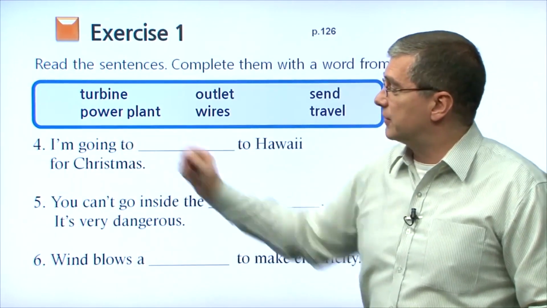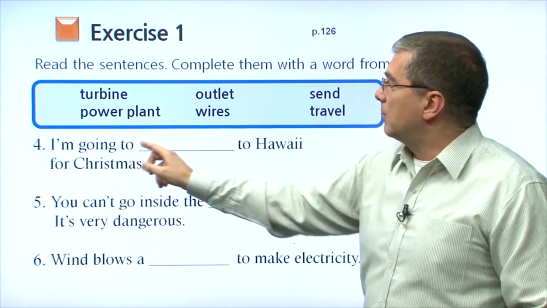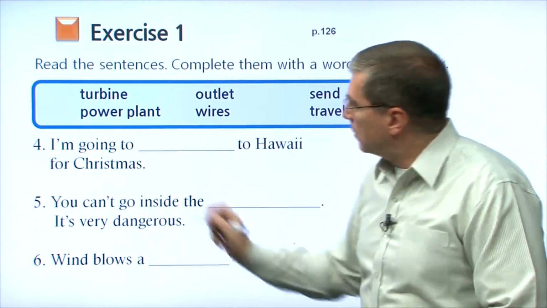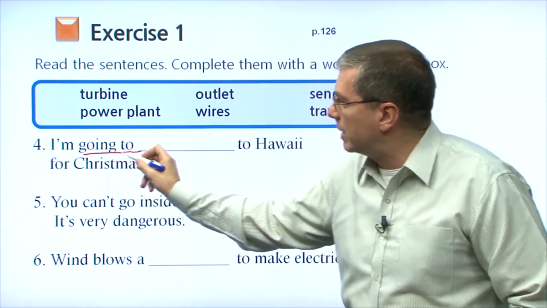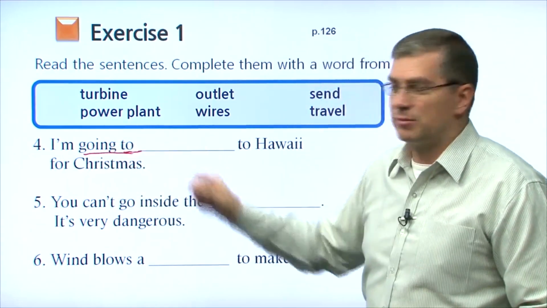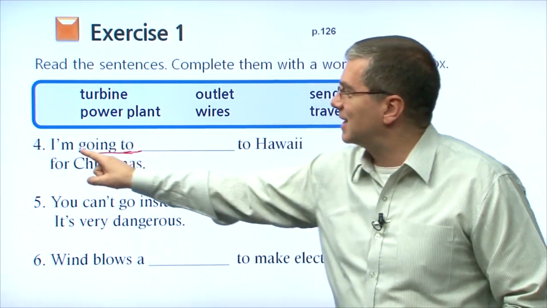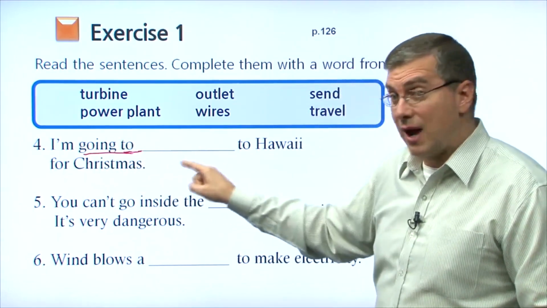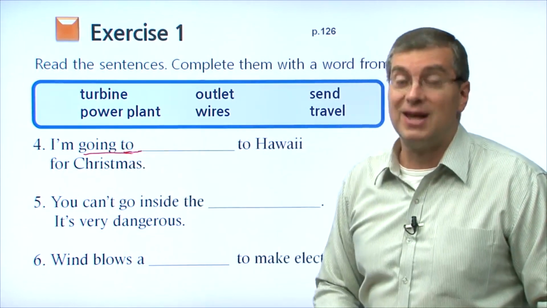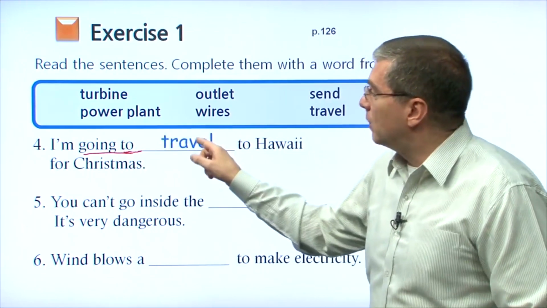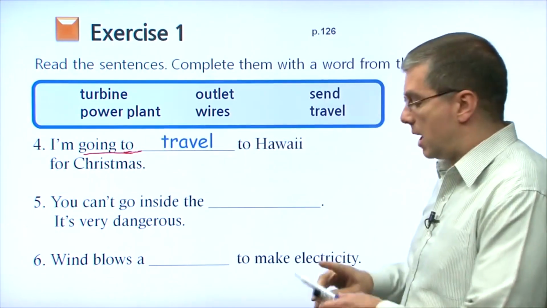Okay, let's move on to the next three exercises. We have questions 4, 5, and 6. Okay, so number 4, I'm going to, and then again we can see the to, so we know we need a verb. We need a verb for this blank. We already used send. Probably going to use travel. Let's look at the sentence. I'm going to travel to Hawaii for Christmas. That fits. That's correct. Remember, when we use travel, going to travel to somewhere.